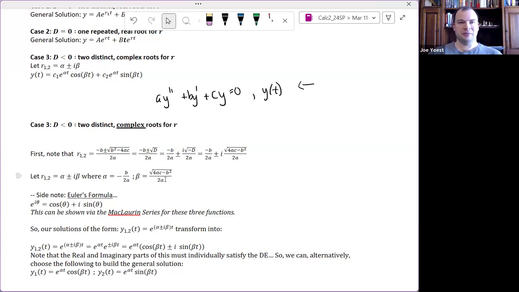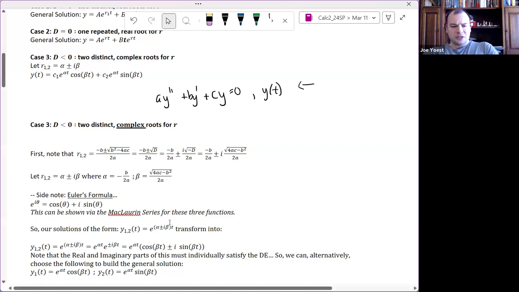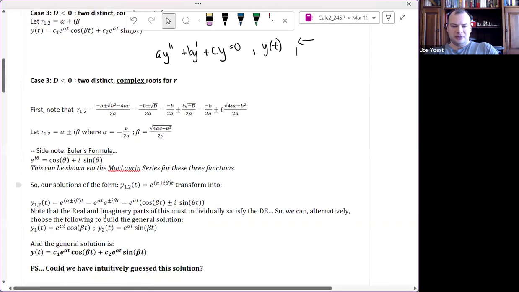That's how some integration formulas, if you look in the back of your calc book at an integration table, are gotten. You take a real valued integral, you pass somehow into the complex space, it becomes really easy to solve, or at least easier or more tractable. And then you bring it back into the real valued side of things. So that's what we're going to do here. We're going to be using some imaginary numbers, but they're not going to show up explicitly in our solution.